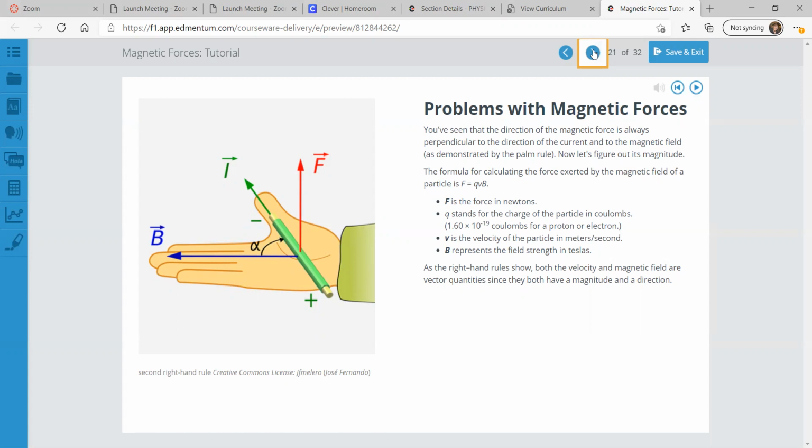B represents the field strength in Teslas. As the right-hand rule shows, both the velocity and the magnetic field are vector quantities, since they both have a magnitude and a direction. So treat this Q as a constant. That number will always be there in this equation.